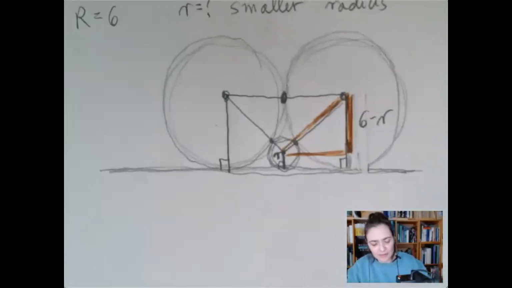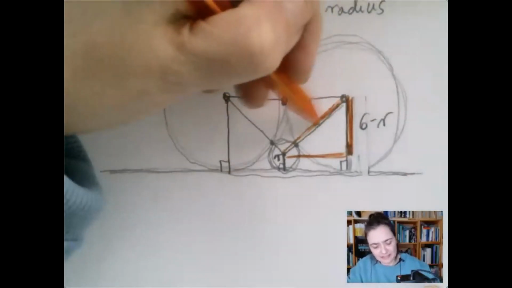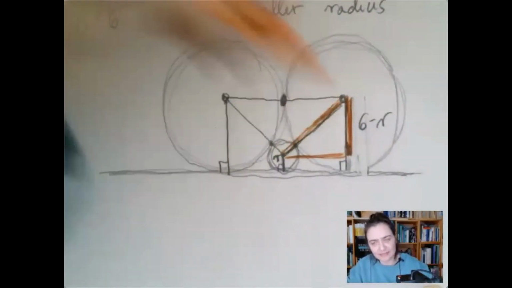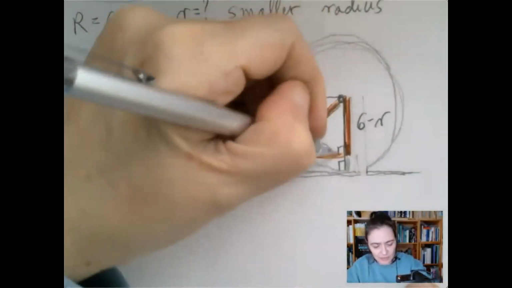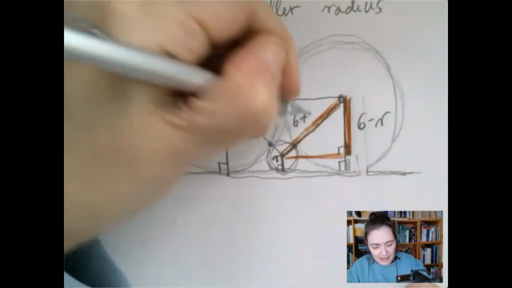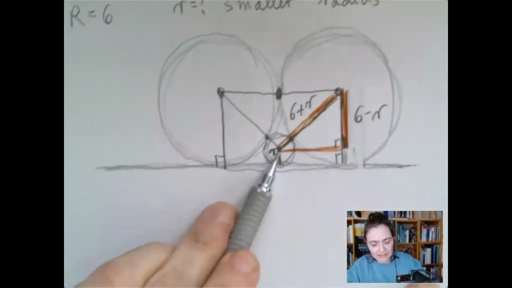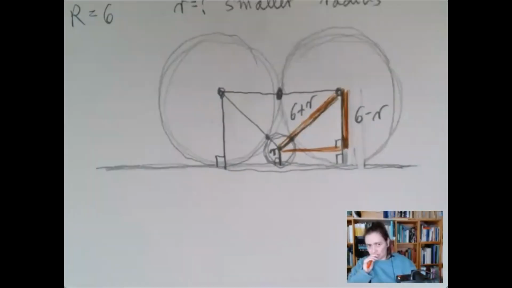Now what about the hypotenuse? How long is this? That might be easier. Remember, we connected the centers of two circles. 6 plus r. Yes, it's 6 plus r. That's the hypotenuse. And this side? Would it be 6?